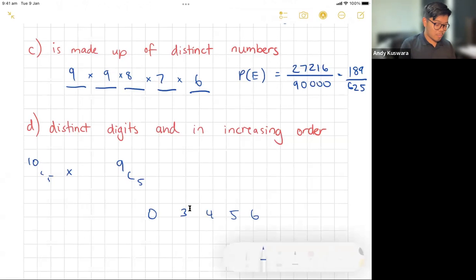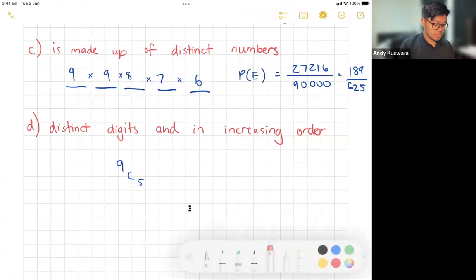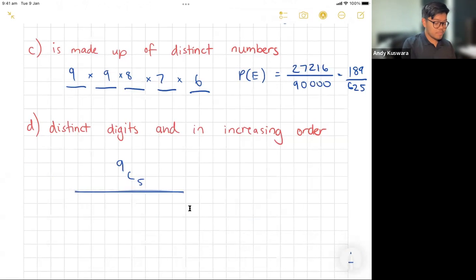That's not a number. Can't start a number with 0. If it was a pin, sure, but if it's a number, no. So that means we've got 9 options and we're choosing 5. The only reason we're choosing 5 here is because out of this group, there's only really one way we can order it. So it would be 9 choose 5 over a total of 90,000.